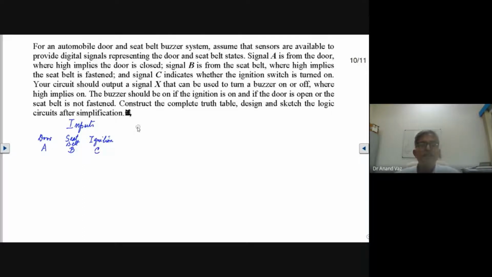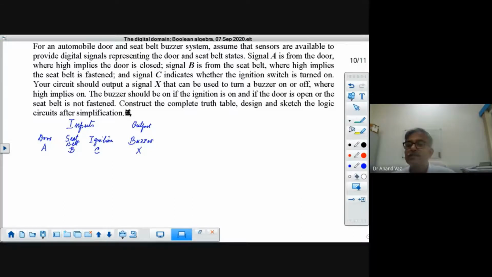And we have the output. The output is your buzzer, which is going to be X. So we have this table. Let's prepare a simple truth table.